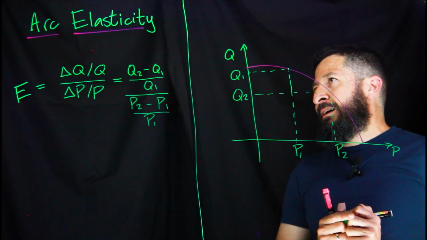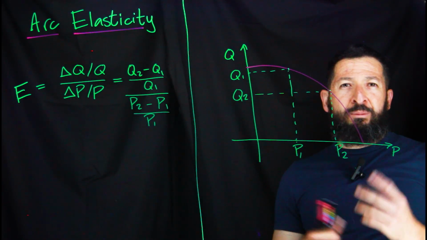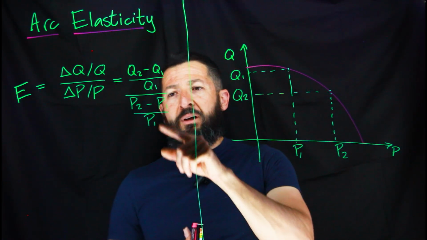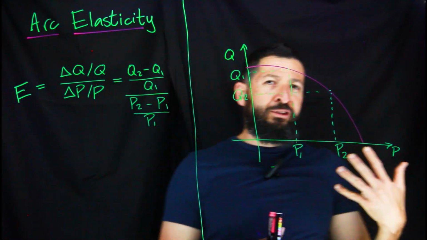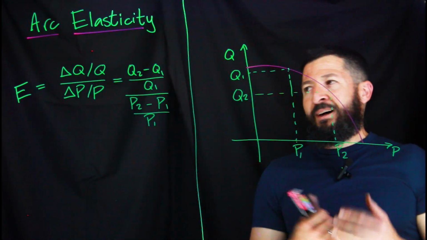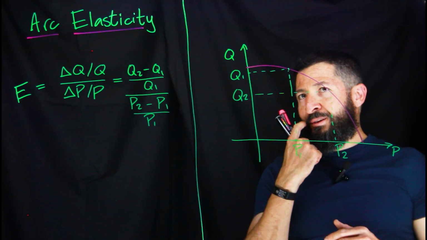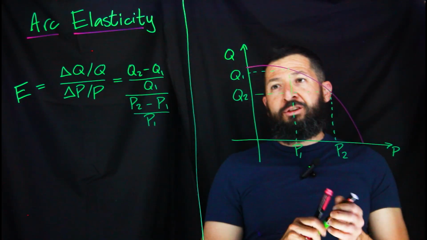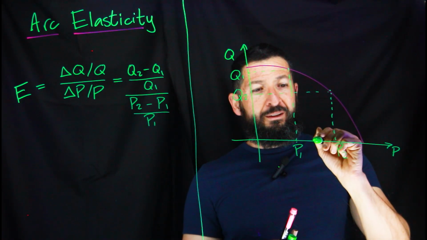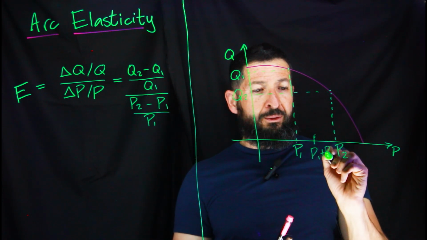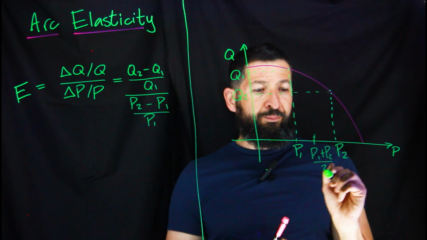So the idea of the arc elasticity is to symmetrize this. So instead of dividing by Q1 and P1, or just taking one base value, what you're going to be doing is using the average between those prices. You're going to do P1 plus P2 over 2.